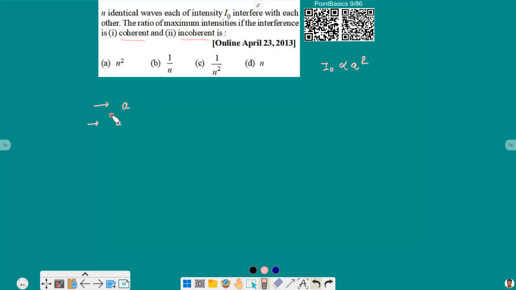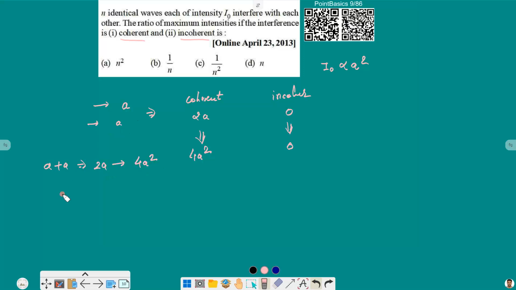When these two waves add coherently, we get 2A, and if they add incoherently, we get 0. In coherent addition, intensity will be 4A square, and here we will get intensity as 0. So basically if we add A plus A, we get 2A, and from that intensity is 4A square.